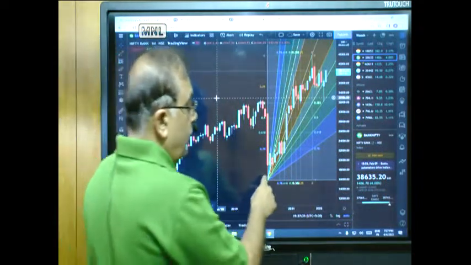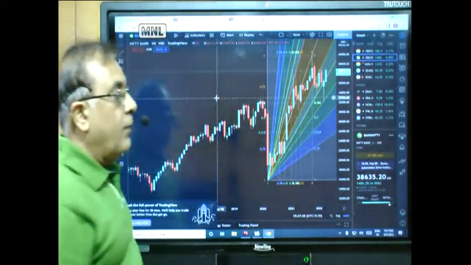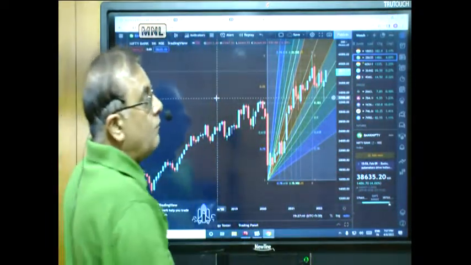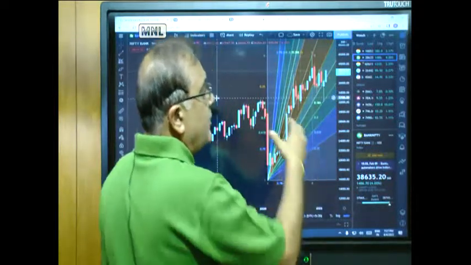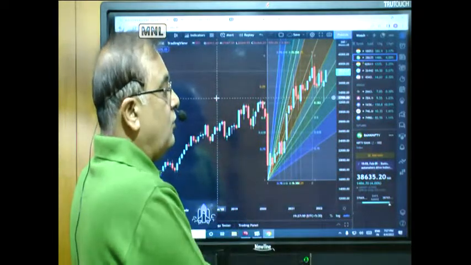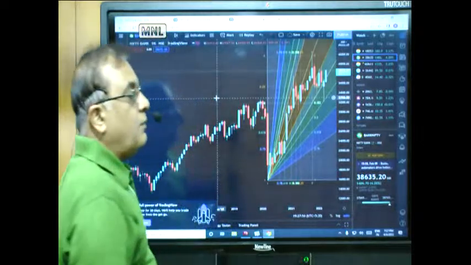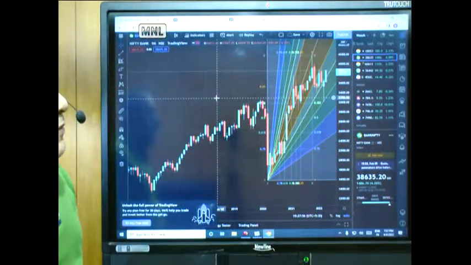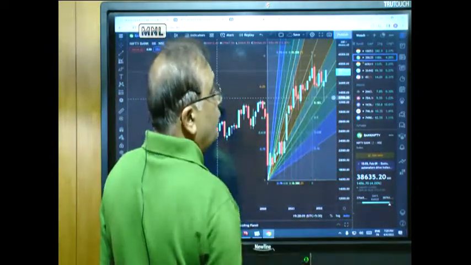So the Fibonacci fan of 0.382 gave a good support here. And the first support came when it fell down to 0.235, 0.25 levels. Here they measure in terms of 0.25, 0.382, 0.5, 0.618 and 0.75. So the first level of support came closer to the 25% level of intersection between the time and the price axis. So when it came, it took support, and for a couple of months it went up.